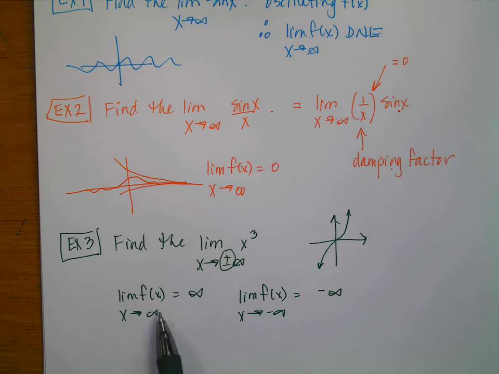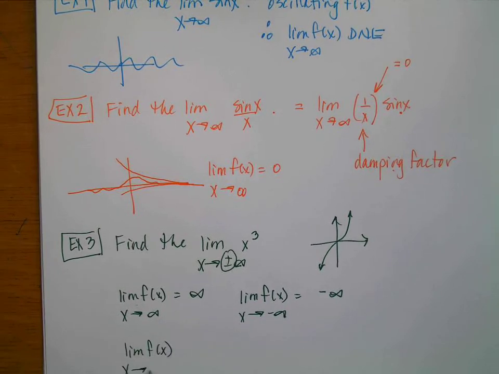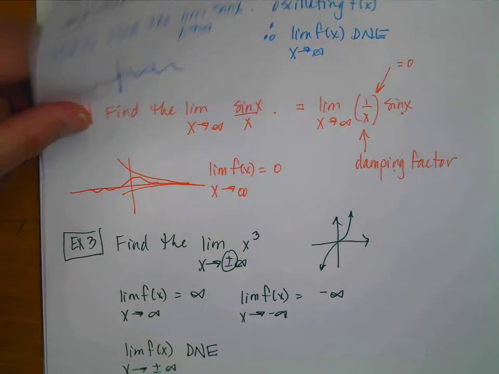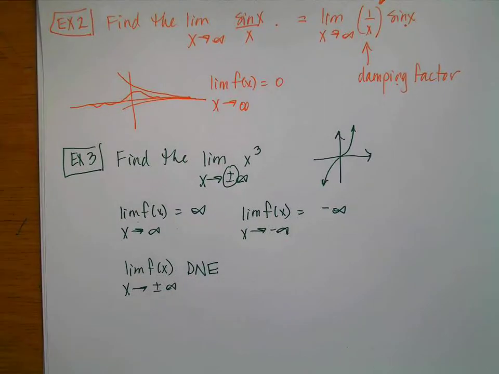From the pure standpoint of the limits needing to approach the same value, because the limits don't agree, the limit of f of x as x approaches plus or minus infinity is not going to exist. It's also not going to exist because the limits would be approaching plus or minus infinity, increasing and decreasing without bound. Therefore, the limit wouldn't exist.